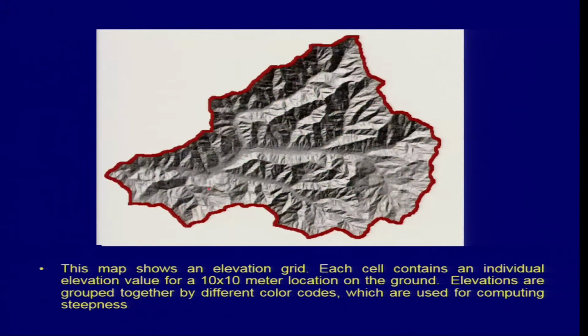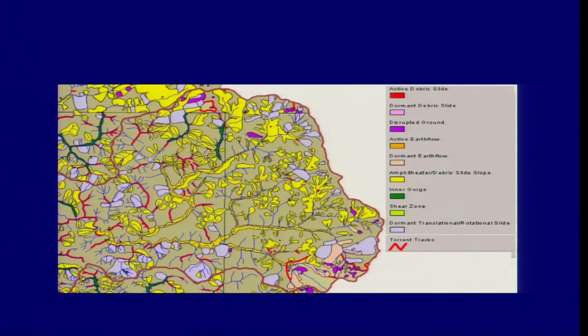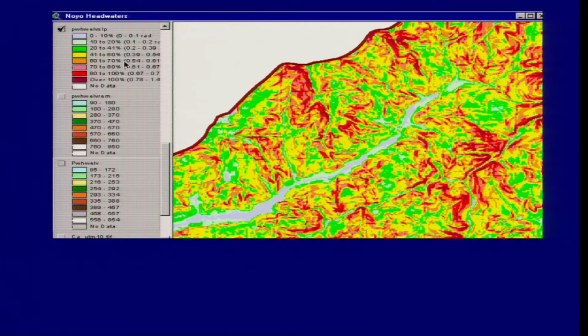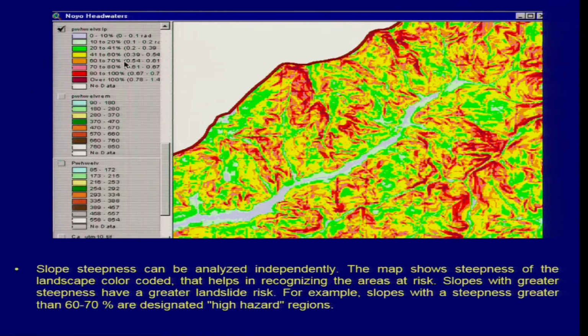So this is the DEM which has been prepared, and based on this one can also classify which areas are having which type of material and which type of slide can be dominant there. Some of these slides are dormant, some of them are active, and then further you can have classification based on the elevation. So this type of classification can be done using satellite data, but nevertheless one should go to the field and try to understand what the geology is in that part.